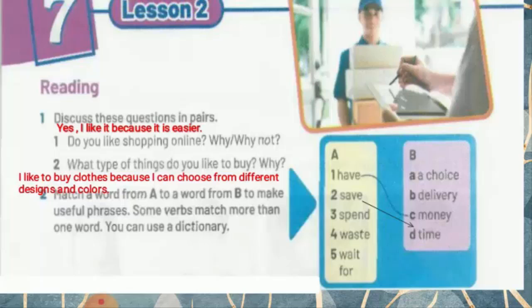Yes, save time or save money. يوفر المال أو يدخر المال أو يوفر الوقت. Spend money and spend time. Waste money and waste time. Wait for delivery. Okay, so these are some verbal phrases.